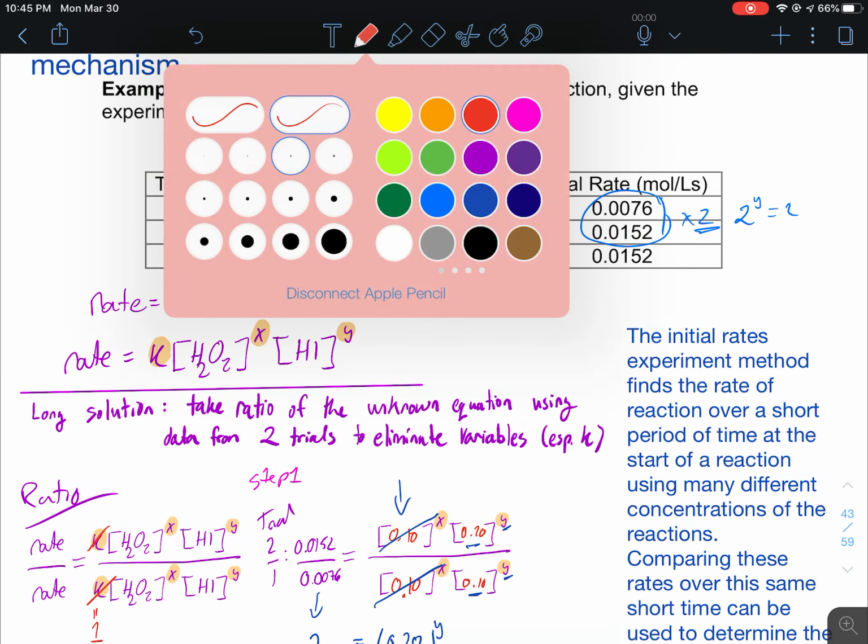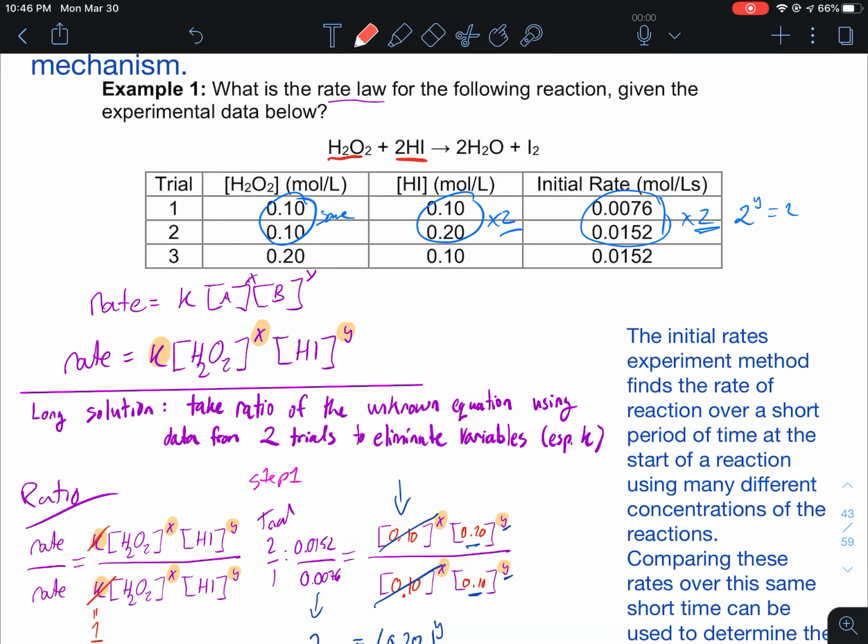Do this again, but do it with the ones where we find the other ones stay the same. So this is times 2. This one is the same. And then this value is times 2. And so we would say that 2 to the power of x has to be equal to that 2.